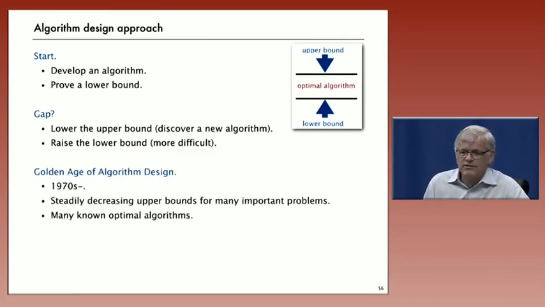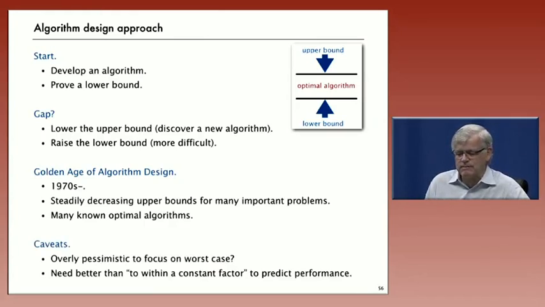And in the last several decades, people have learned about the computational difficulty of problems by examining steadily decreasing upper bounds, so algorithms with better worst-case running times for lots and lots of important problems. And plenty of optimal algorithms, and plenty of gaps still remain. It's a fascinating field of research that many people are engaged in.